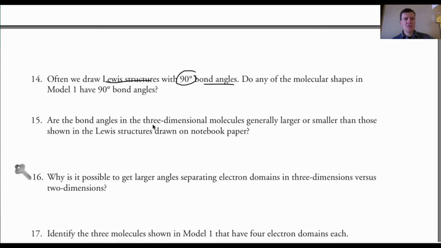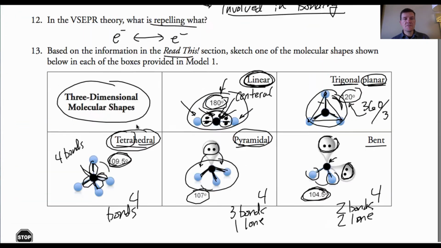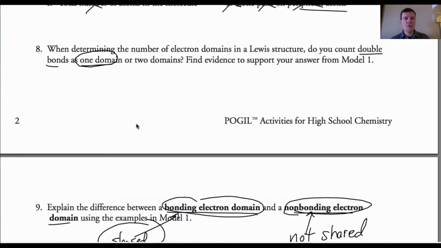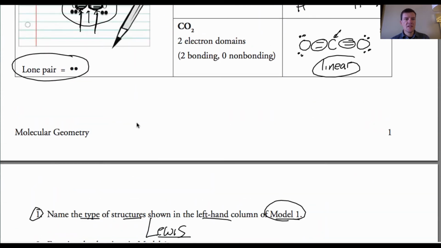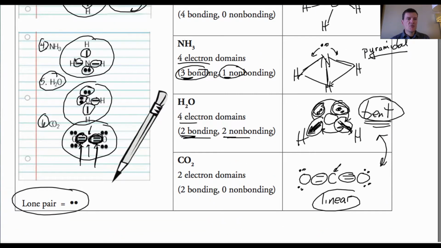Are the bond angles in the three-dimensional molecules generally larger or smaller than those shown in Lewis structures drawn on notebook paper? All they're getting at is that when you draw it on a flat piece of paper, because we're limited to 2 dimensions, we often draw it at 90-degree angles, okay?